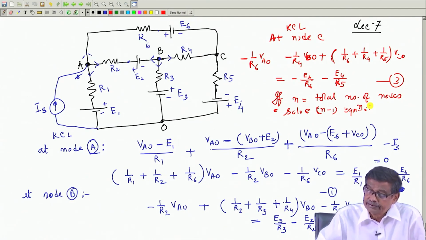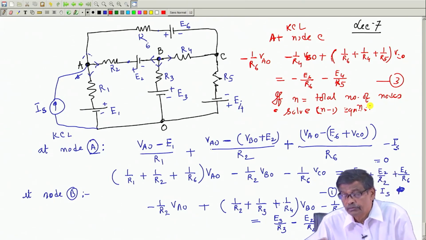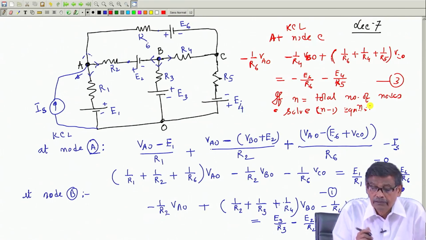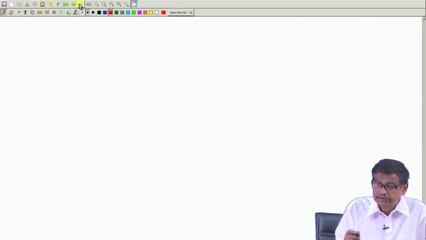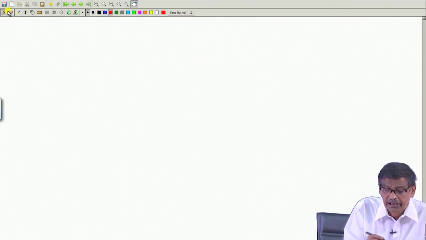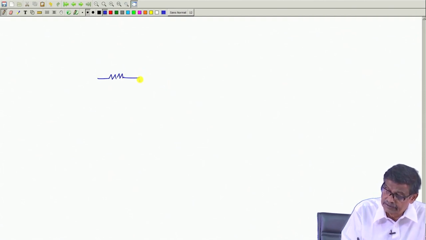Now, in this case, I have not discussed that aspect, whether it is always n minus 1 equations to be solved, or whether there may be situations where the number of equations to be solved may be less. For example, let me just draw a circuit like this, and it will bring out another thing.